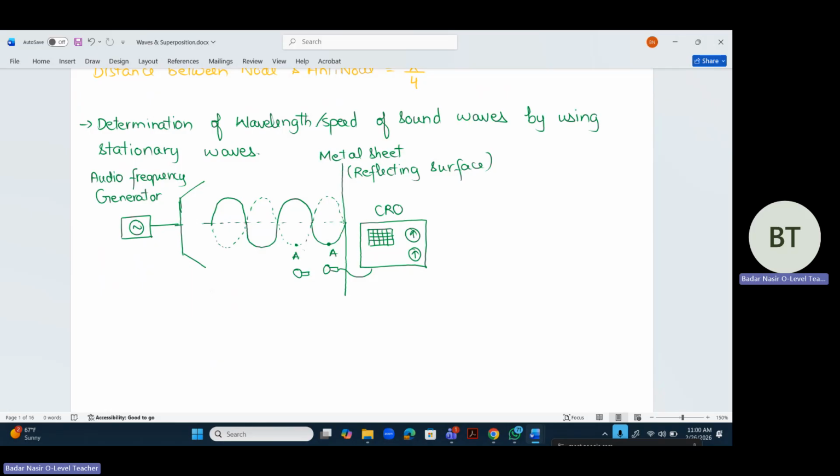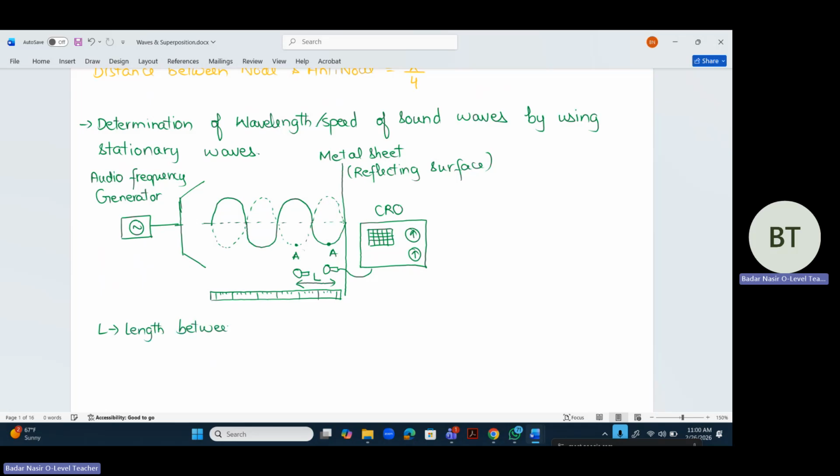So we are going to measure the length between these two positions, P1 and P2. Let me call this length as capital L.